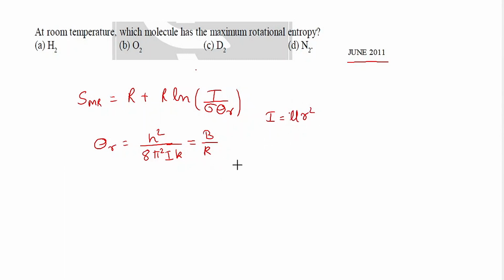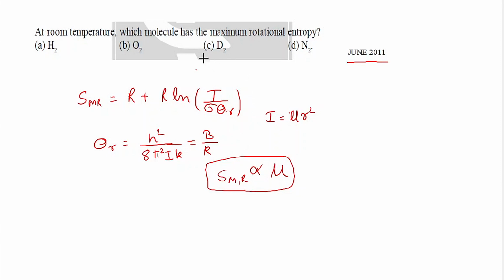Because theta_r is in the denominator inside the logarithm, the molar rotational entropy is directly proportional to the reduced mass mu. That means the more the mass, the more the rotational entropy.